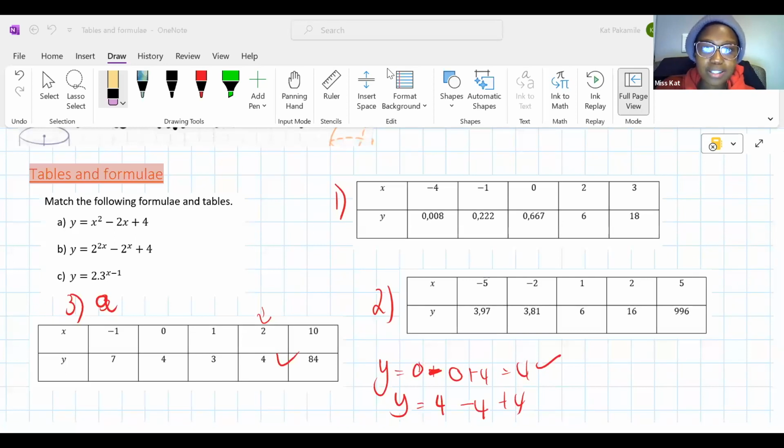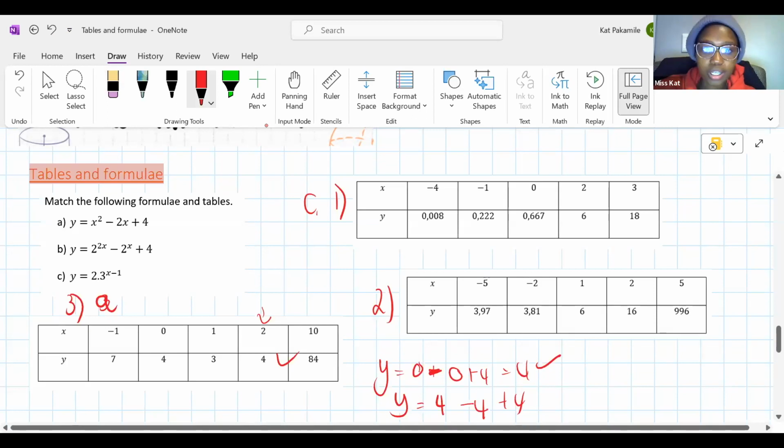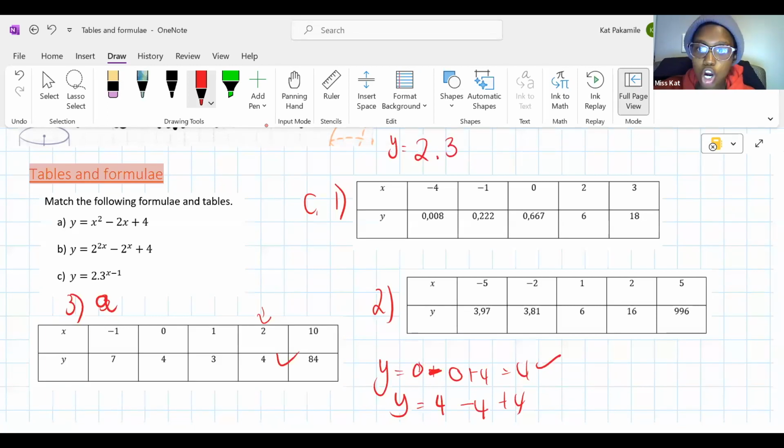That was nice. Let's hear if anyone else has a different solution. Palesa, have you figured out another one? Ma'am, I think C is 1. C is 1. Yes. Let's check. Okay, so C is y equals 2 times 3 to the power of x.